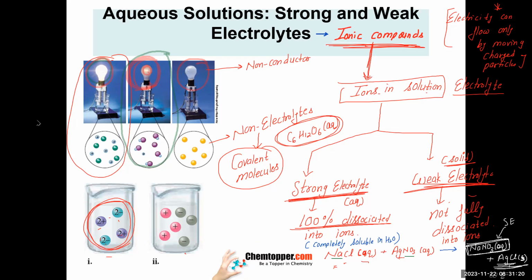So then we have this one. What is this? Is it a weak electrolyte or strong electrolyte? This one is a weak electrolyte because you can see that you don't have that many ions in the solution.